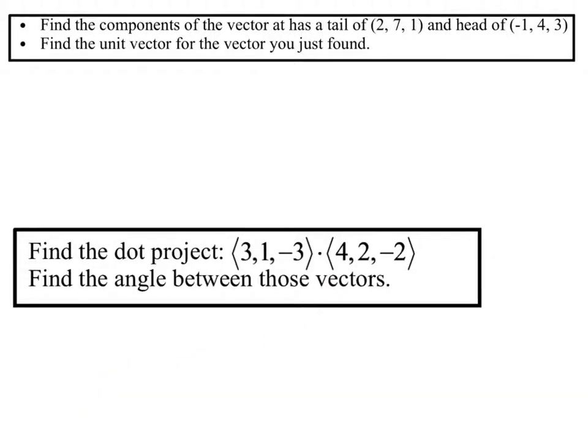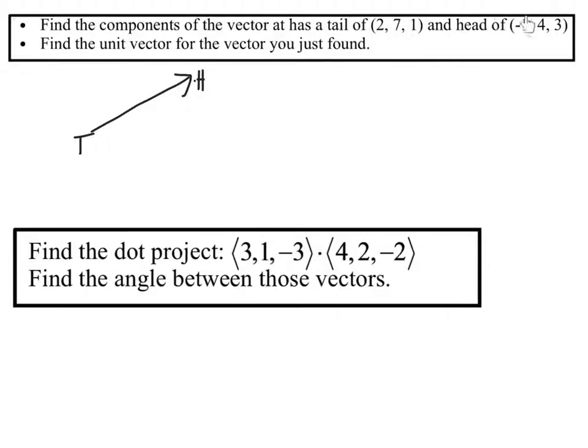Find the components of the vector that has a tail of that coordinate and a head of that coordinate. Well, remember that we do this, tail and head. So we've got to figure out how it moved from the first to the second. So here you'll see it went back 3 units in the x direction.